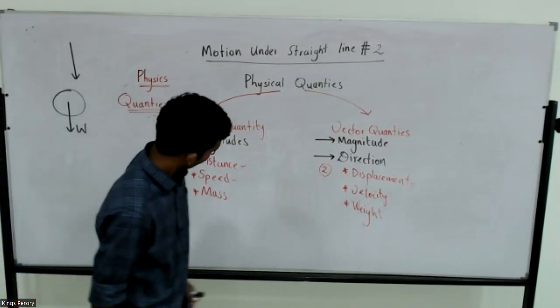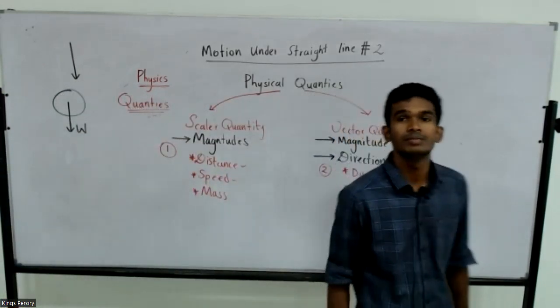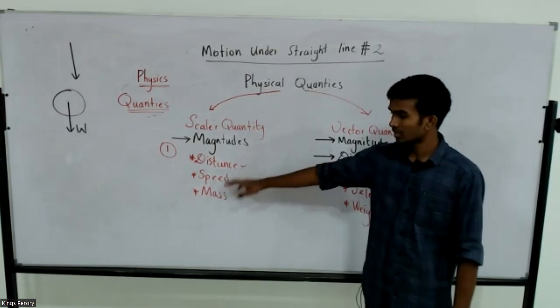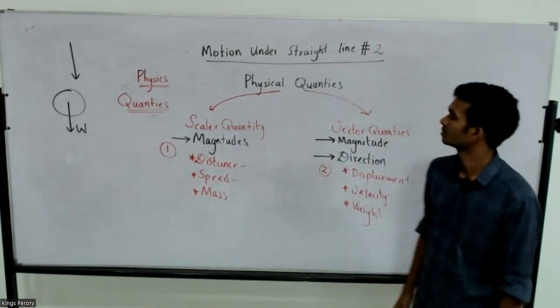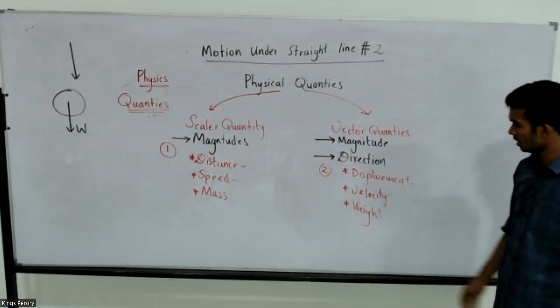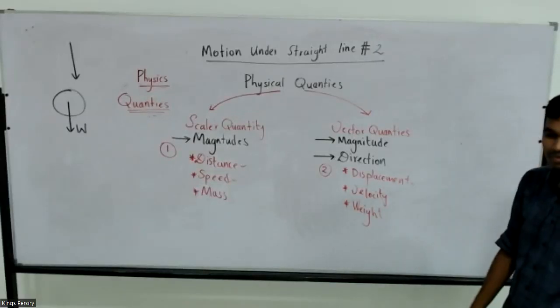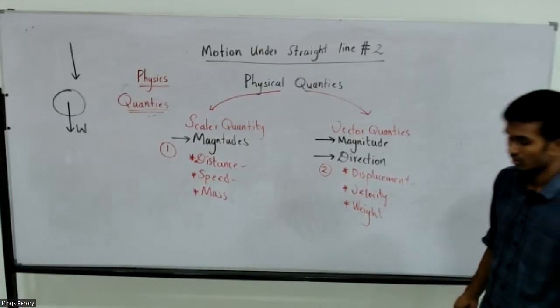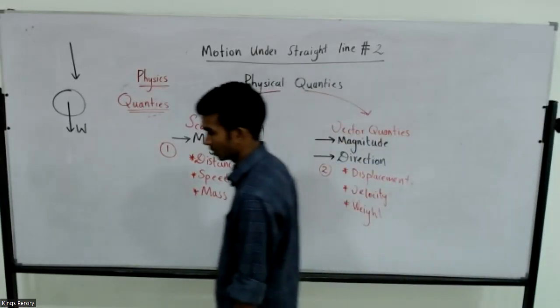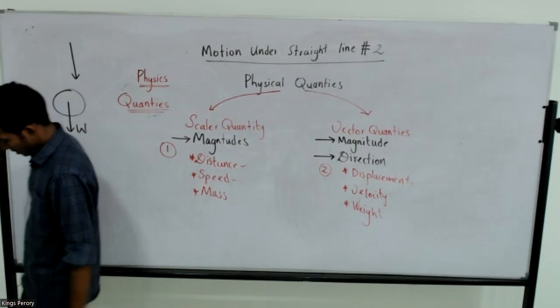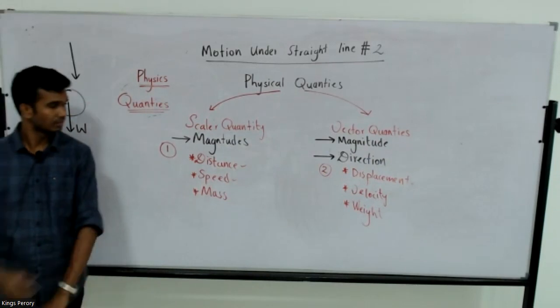Right there, example for scalar quantities: distance, speed, mass. Example for vector quantity: displacement, velocity, weight, force, all those things, whatever you like, you can write.